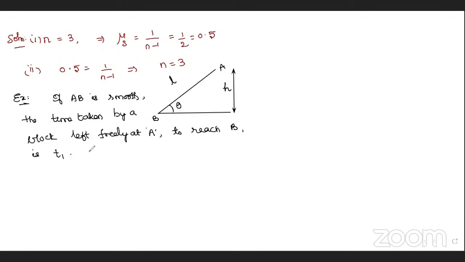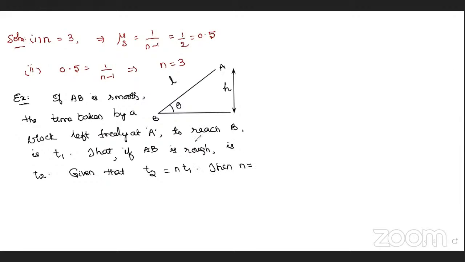If AB is rough, the time is T2. Given that T2 is equal to n T1, then n is equal to what? This is the question.